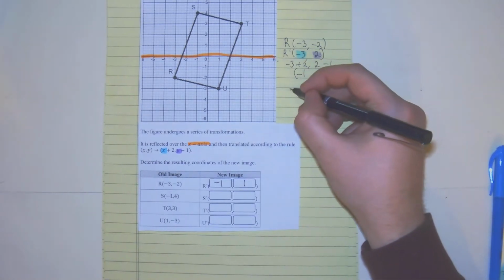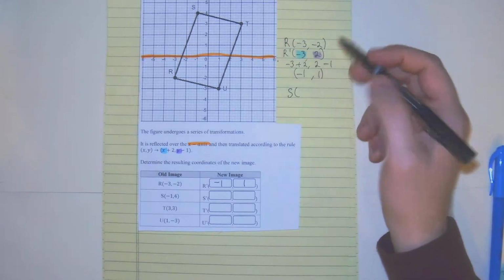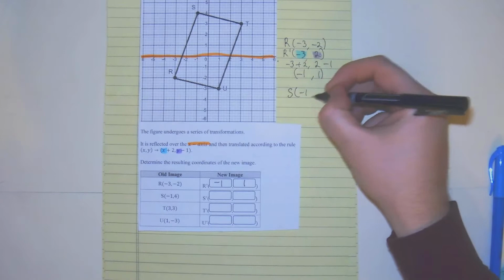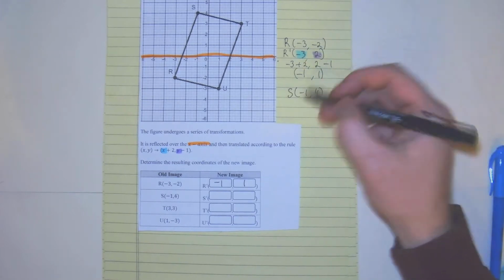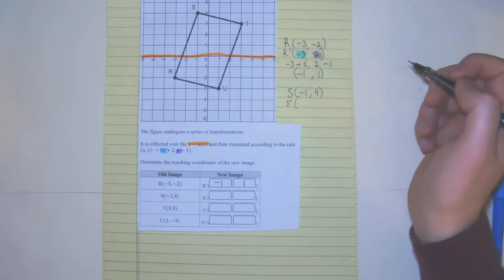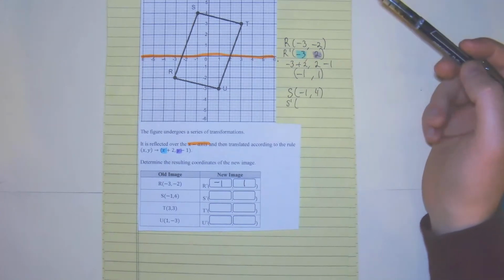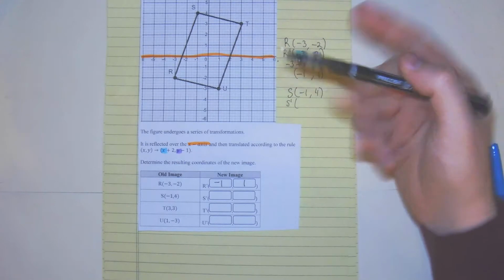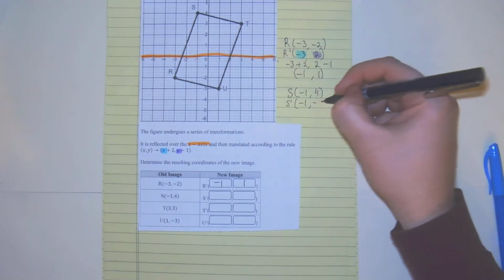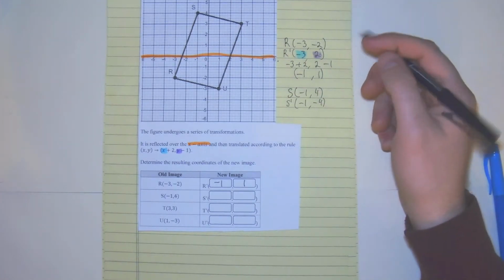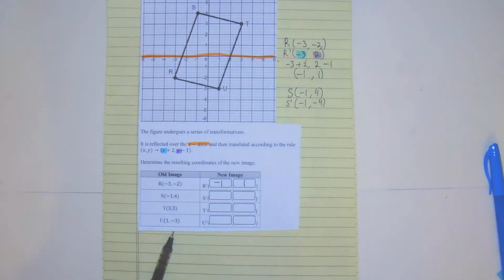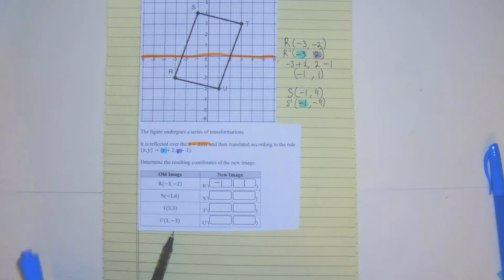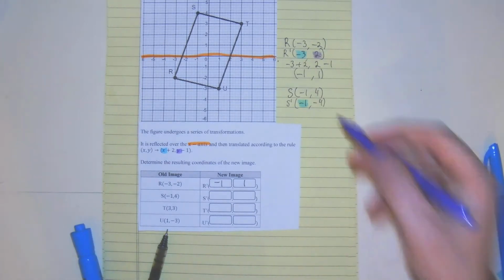So our next one is S. S is at (-1, 4). So we have S prime. So if we're reflecting over the x-axis, it's going to change the y value. So -1 is going to stay. So it becomes (-1, -4). We're going to do the same thing as we did before. We're going to be plugging this value into the x, and then we're going to change this into the y.